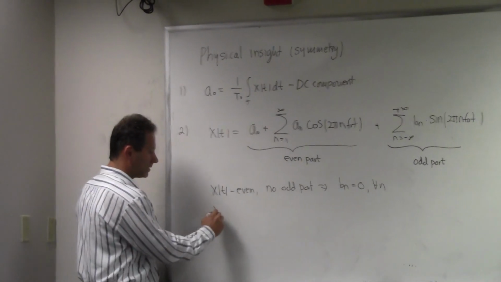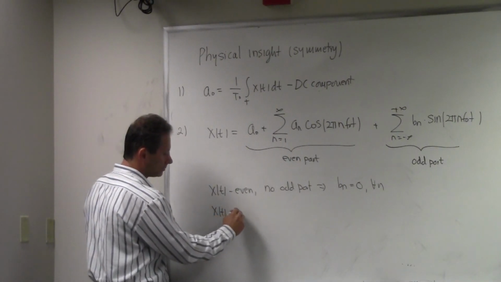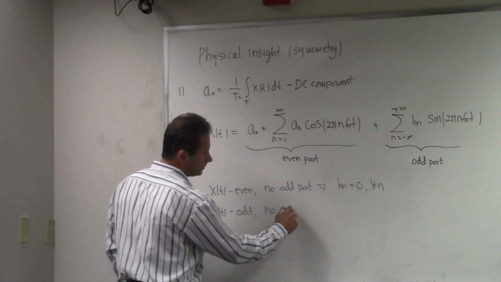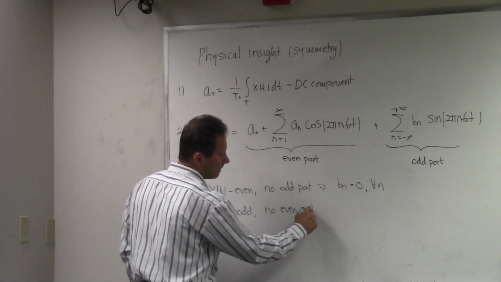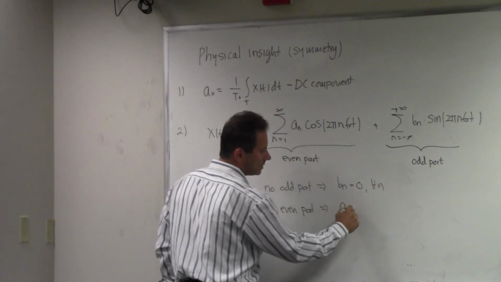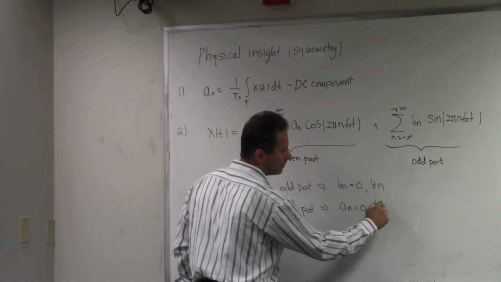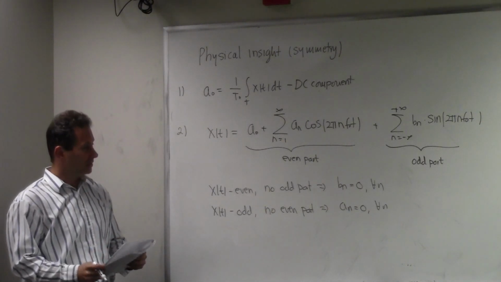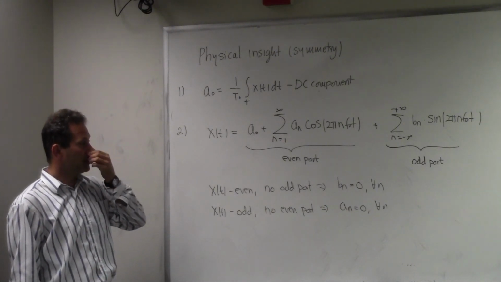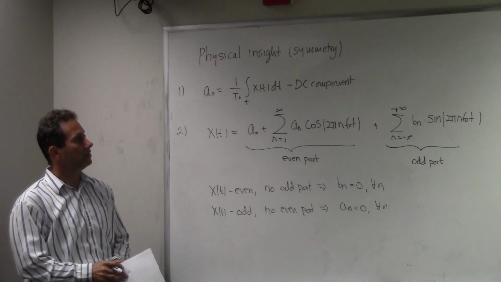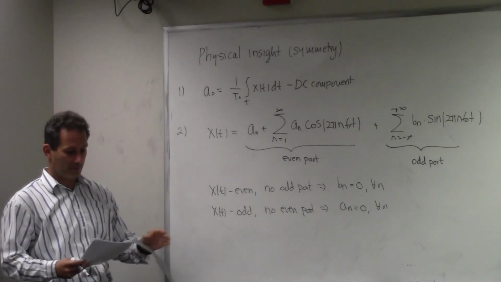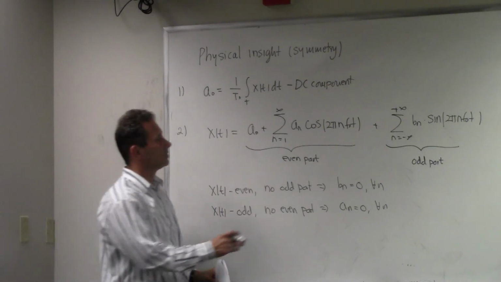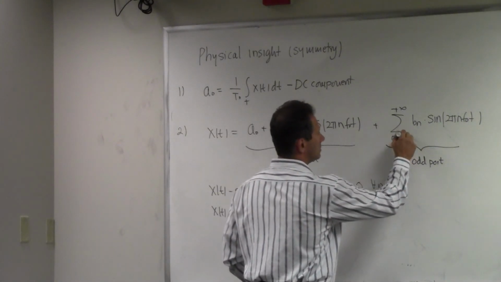Likewise, if x of t is odd, there's no even part, and all of your an's are going to be equal to 0. So this is tremendous help to us, because if the function has any kind of symmetry, you're cutting your calculations in half. The Bn summation goes from negative infinity to infinity? No, sorry. 1, of course.